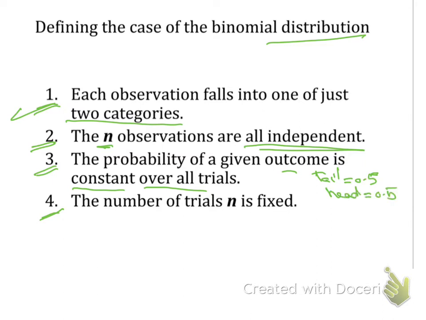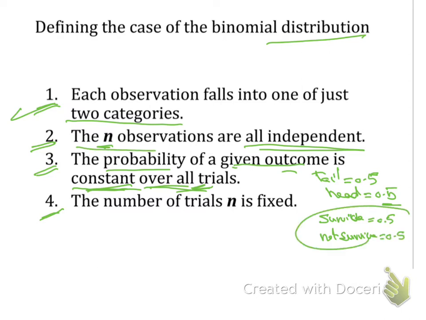It will not change. The probability of a given outcome over all trials will remain constant, it will remain the same. The probability of survive, theoretically, will be 0.5. The probability of not survive is 0.5. It remains the same.